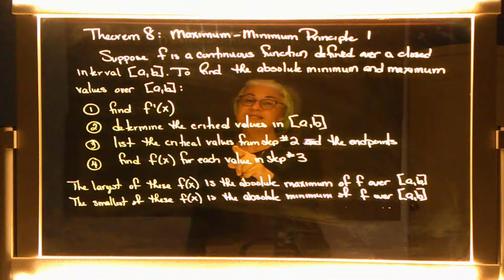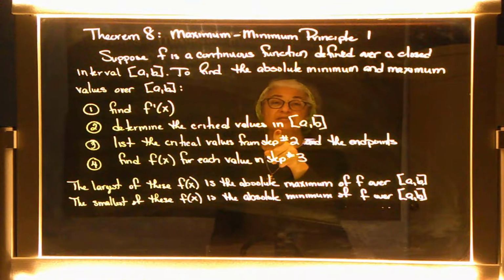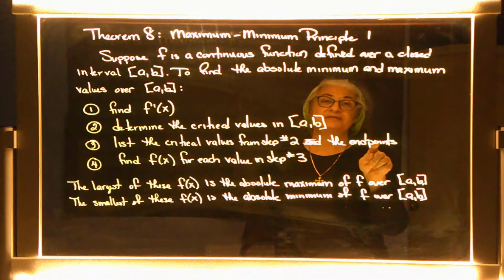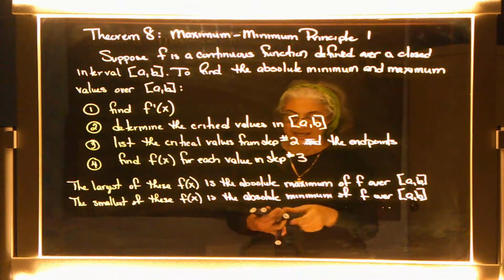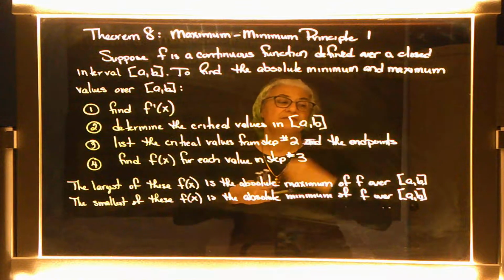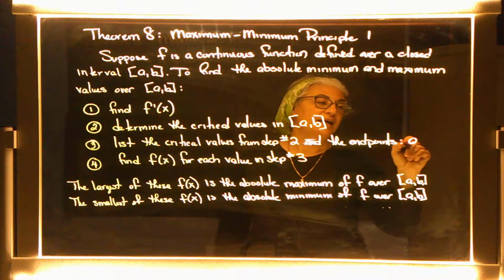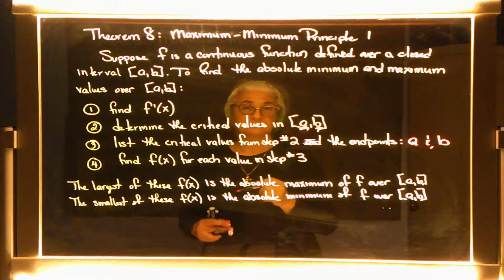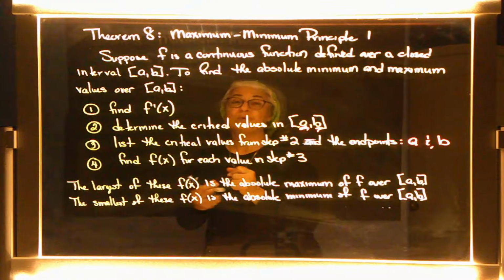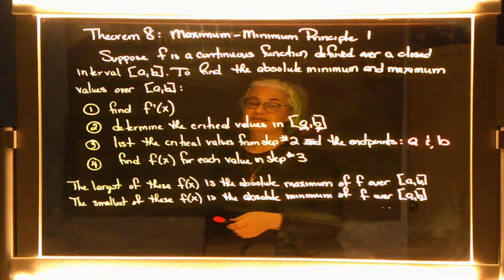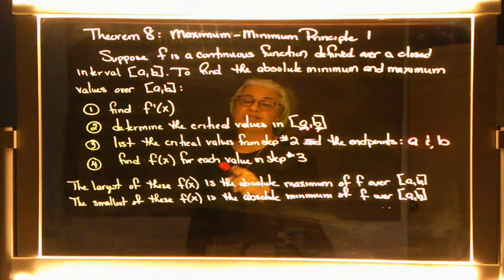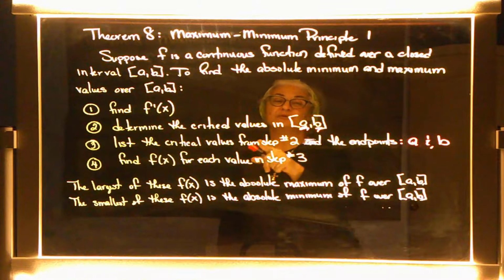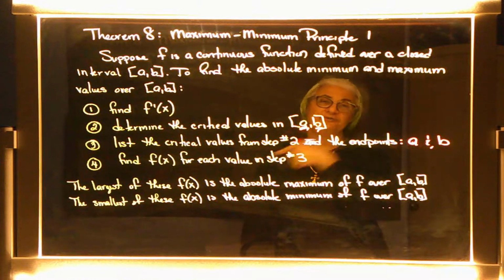Three, list the critical values that you just found in step 2 as well as the endpoints that they gave you. And the endpoints would be a and b. Step 4, find f of x. Find the y values for each of those values in step 3. So for the critical values and the endpoints, go find the y's.